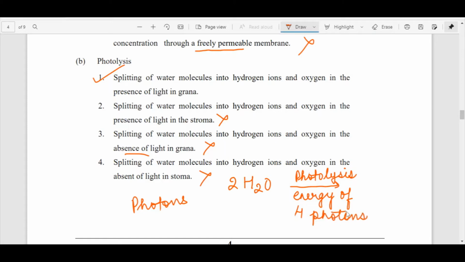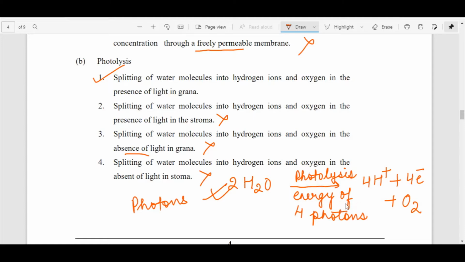So it gives 4 hydrogen ions plus 4 electrons plus oxygen molecule. So this is what happens during the process or reaction of photolysis, that is the lysis or breakdown of water molecule using the energy of 4 photons from the sunlight. Okay, that is being trapped by the chlorophyll of the chloroplast.